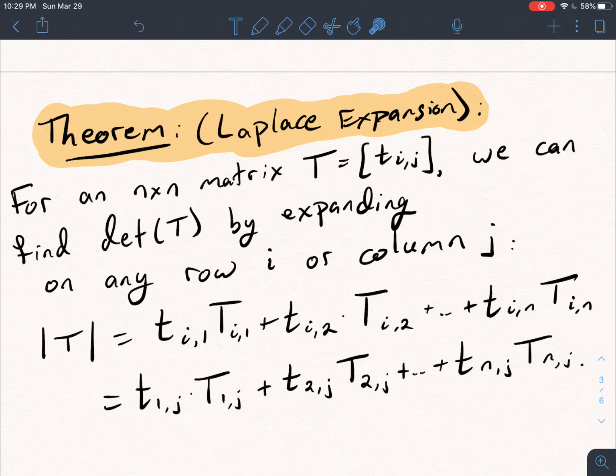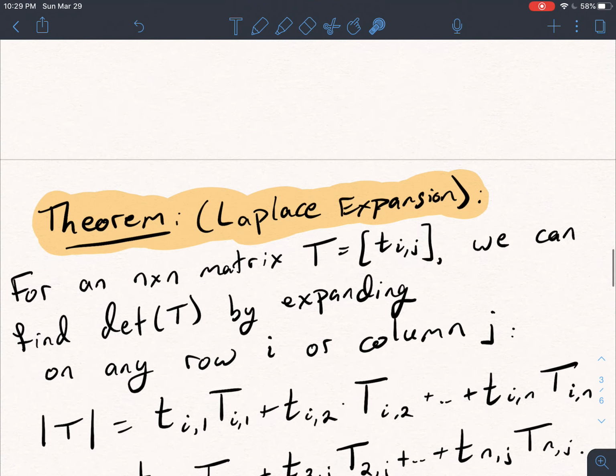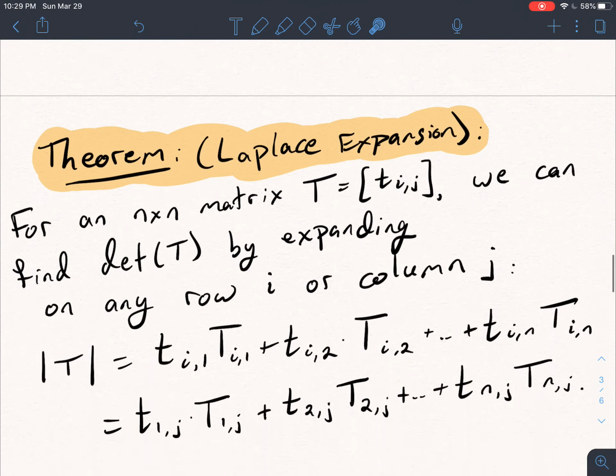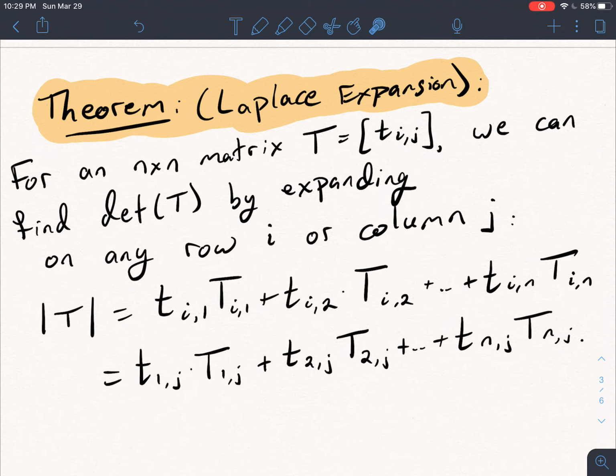And all of these are multiplied by the corresponding cofactor for the matrix T. So you multiply the entry times the determinant of the corresponding minor of the matrix, and then also multiply by the corresponding sign, according to, let me scroll up for a sec, the pattern in that matrix.